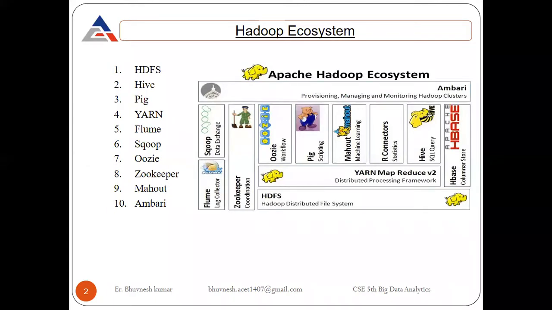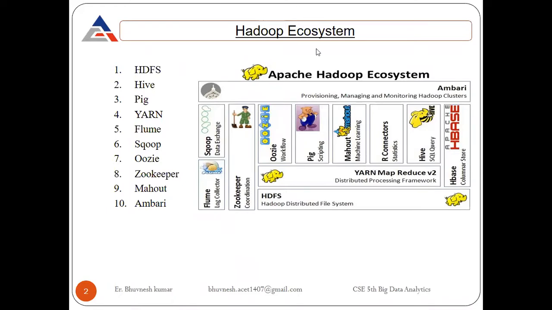For that we use the second tool, Hive, to analyze, put a query, and place your data in your data warehouse. Then third is your Pig. Now data will be processed, and that is done by the tool named Pig.